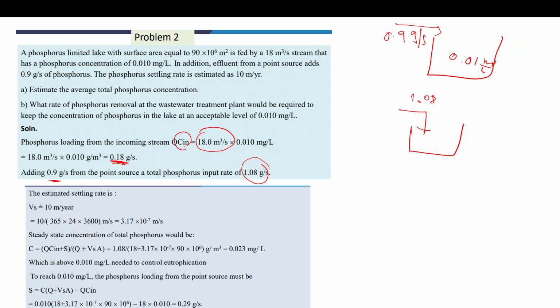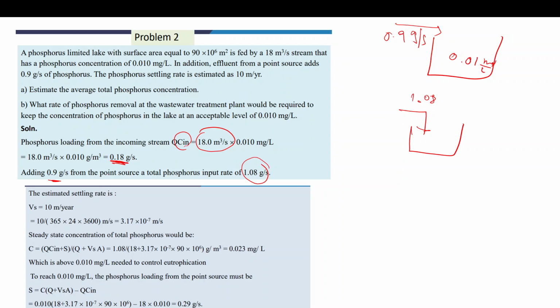And apart from that, there is settling. To account for settling, settling is given to you as 10 meters per year for phosphorus. So, if you want to have uniformity in the units, convert this year into seconds.